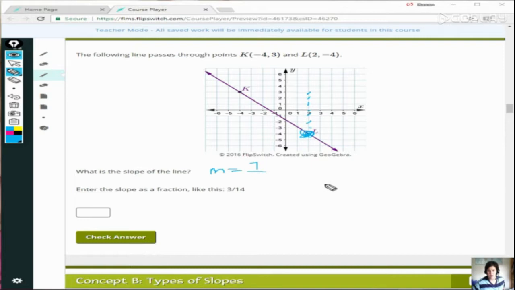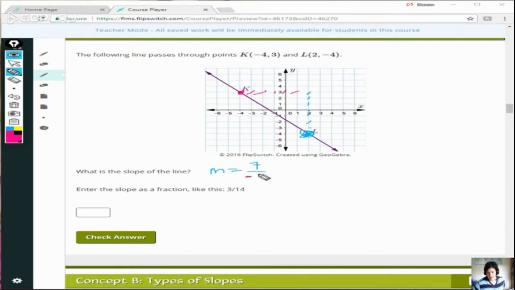Alright, and then it is over the change in x. So I'm going to count horizontally, and I'm going left, so that means this is going to be a negative value, since I'm going backwards on the number line instead of forward on it. So I'm going to count back 1, 2, 3, 4, 5, 6.